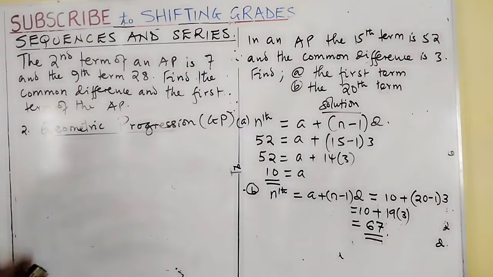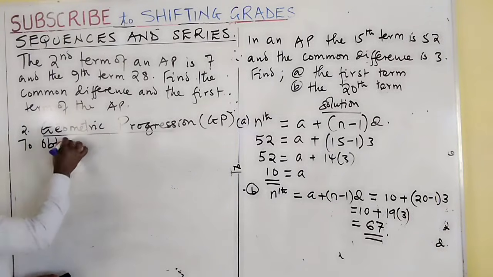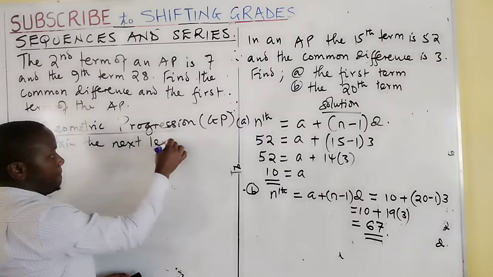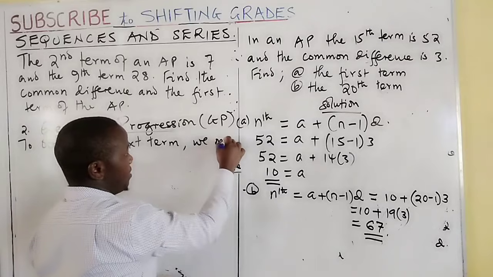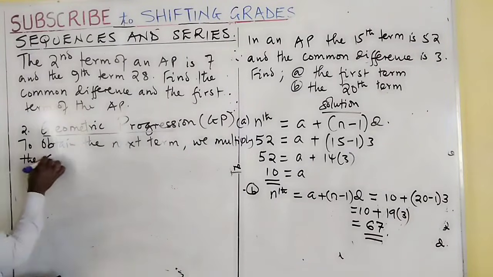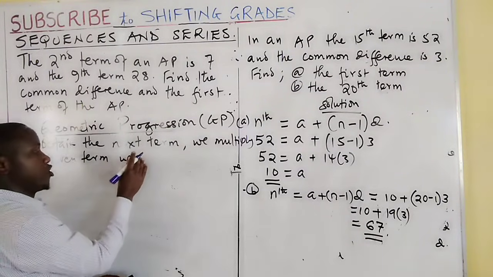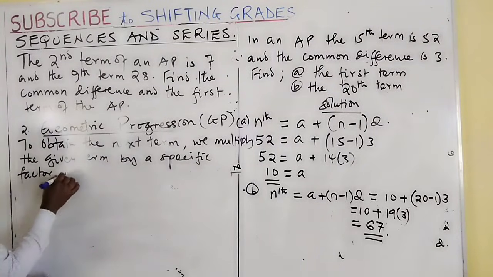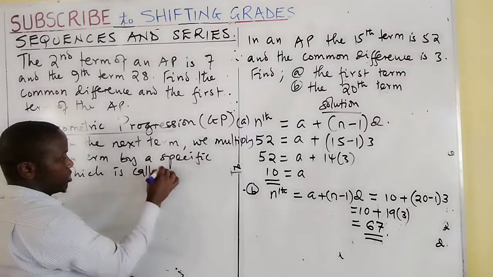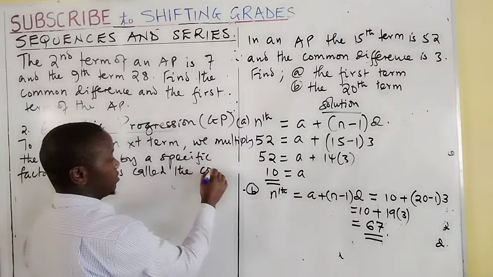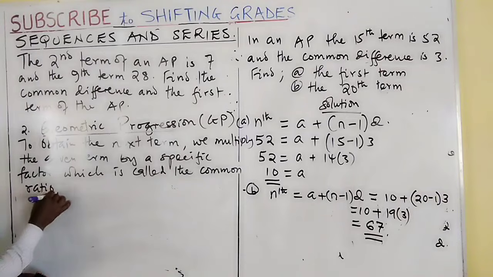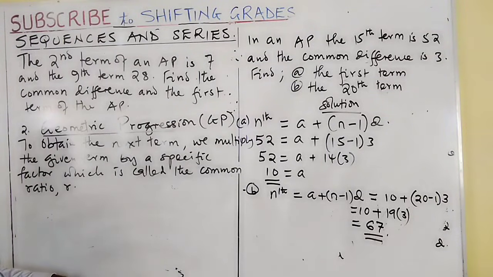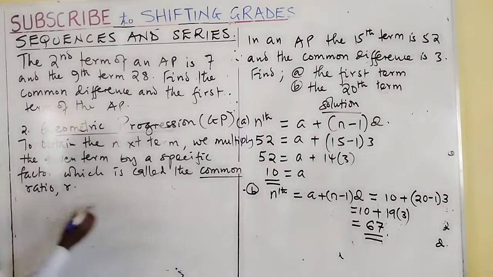In such a progression, to obtain the next term, we multiply the given term by a specific factor, which is called the common ratio, abbreviated small letter r. Therefore, for a geometric progression, to obtain the next term, you multiply the given term with a certain factor, and that certain factor is called the common ratio, abbreviated small letter r.